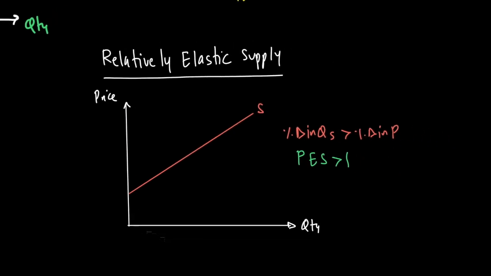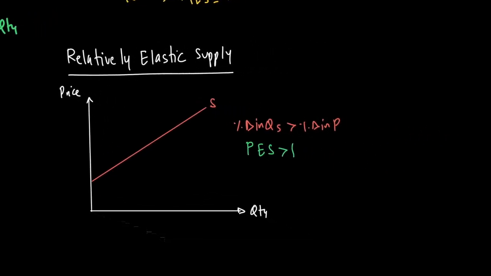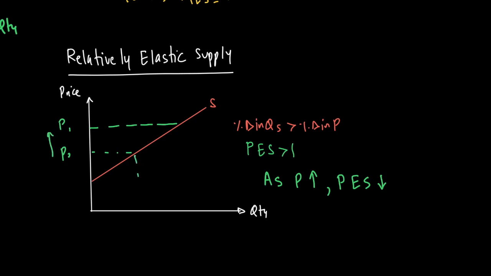Now, one more important thing to remember is that when the supply curve is coming from the price axis, we know it's elastic, but we also need to know that as price goes up, PES actually goes down. Whenever it's very elastic, as the price goes up, your PES will actually fall.